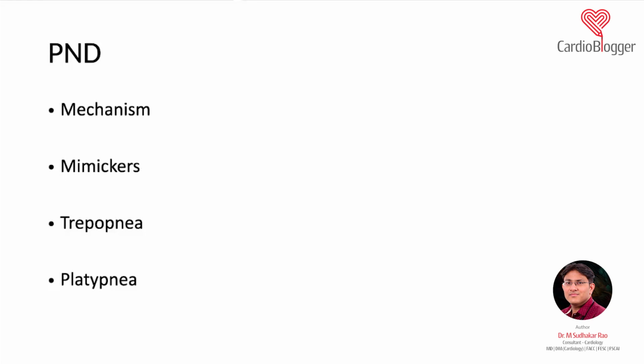Apart from the intracardiac shunts, there are the extracardiac shunts, like pulmonary AV malformation or pulmonary AV fistula. They usually cause platypnea. So when the patient stands, he may not only have platypnea, his resting saturation may come down because of the PFO. Platypnea-orthodeoxia syndrome, you would have heard in your gastroenterology classes, occurs in hepatopulmonary syndrome in cirrhosis.